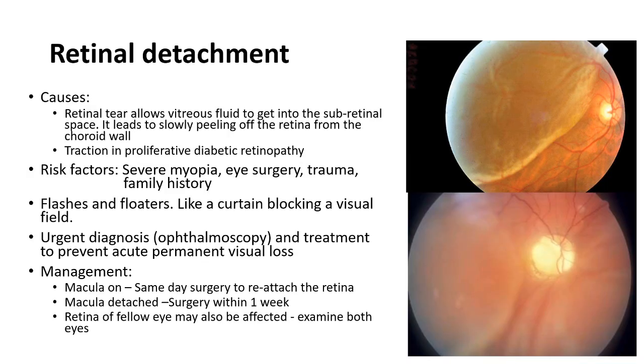Any vitreous detachment from the retina or traction due to proliferative diabetic retinopathy may lead to fluid getting into the subretinal space. Fluid will gradually peel off the retina from the choroid wall and cause retinal detachment. Risk factors for detachment include severe myopia, eye surgery, trauma, and family history.